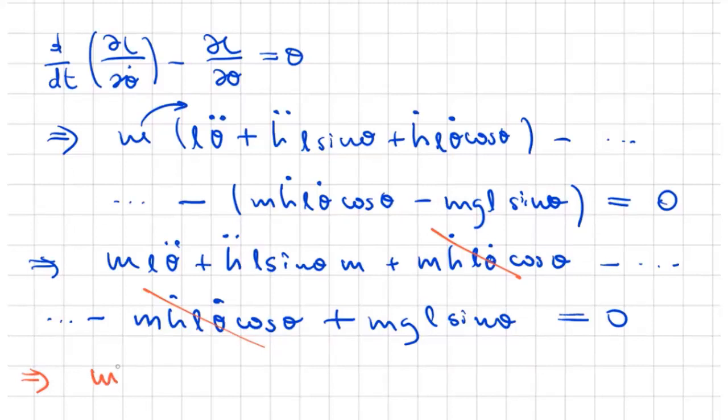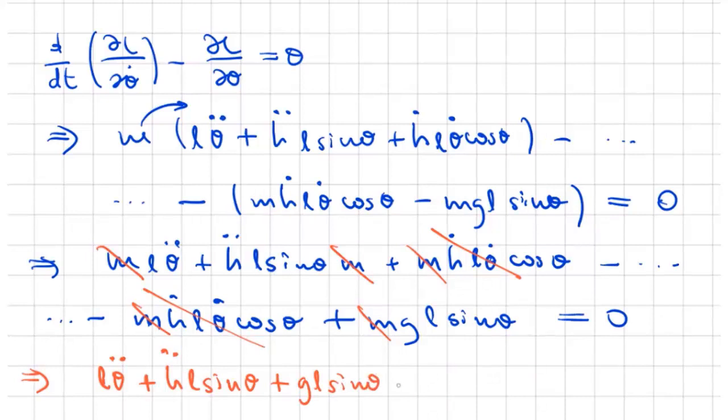Then we have m. Okay, I will cancel the mass because it's similar on all the terms, and I will have L θ double dot plus h double dot L sine of theta plus g l sine of theta equals 0.